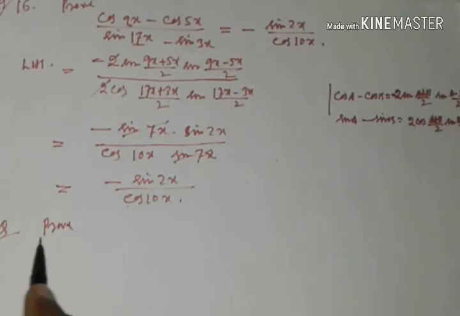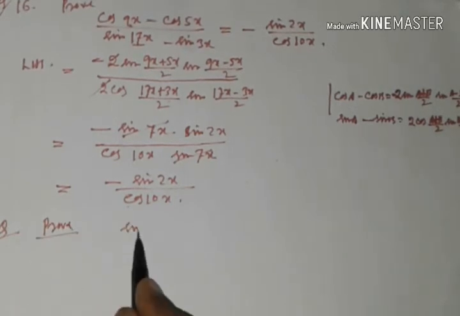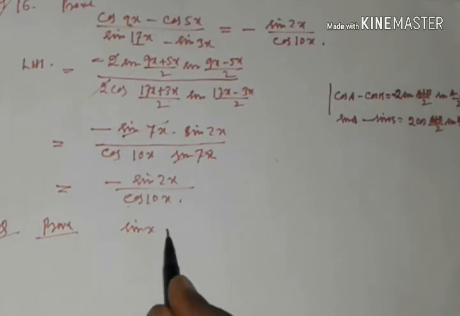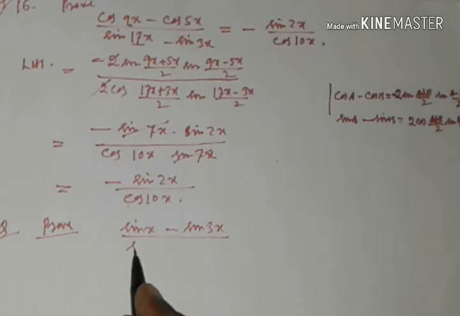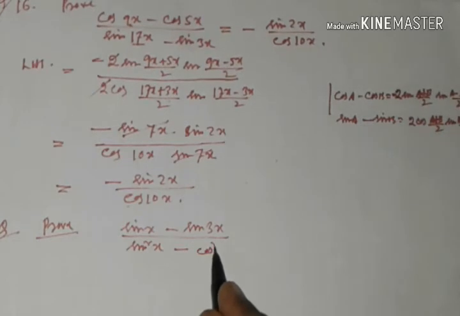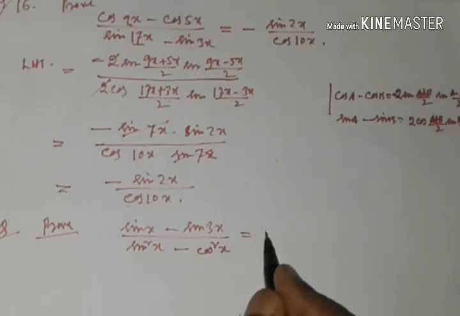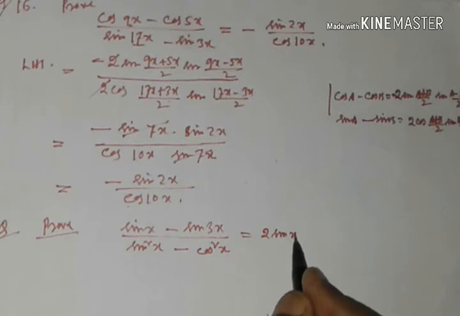Prove that sin x minus sin 3x divided by sin square x minus cos square x is equal to 2 sin x.